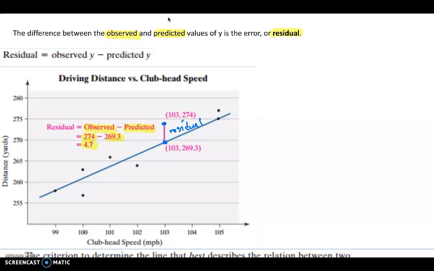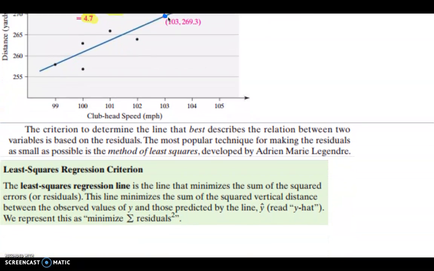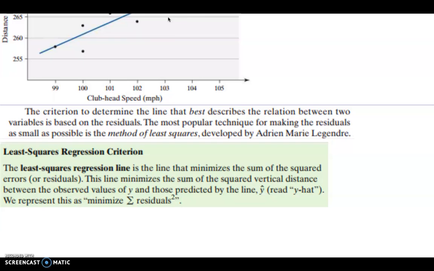And so we go through and you can calculate all of these residuals with our line of best fit. Now our goal is to try and find the very, very best line where those residuals are minimized. We have the smallest possible sum of all the residuals. And this is what we call the least squares regression.